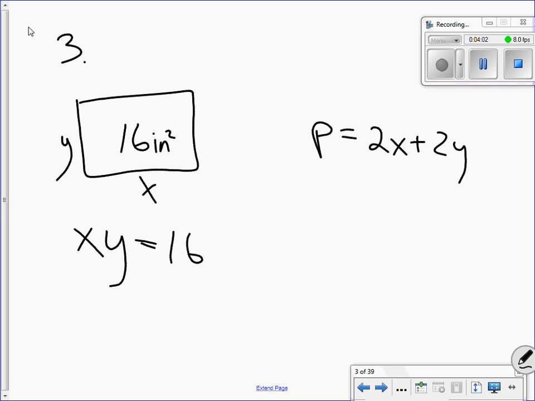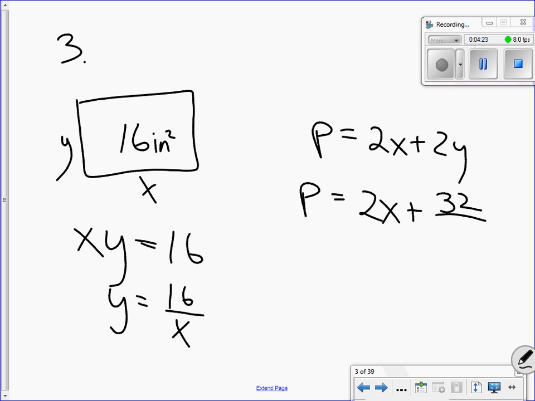The area was 16. So you solve for one of the variables with that. It doesn't matter which one. Okay, so y equals 16 over x. You put that into the other one for your y. So your perimeter equals 2x plus 2 times 16 over x, or 32 over x.